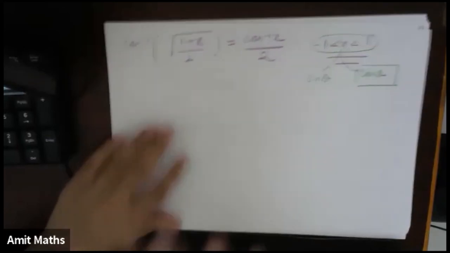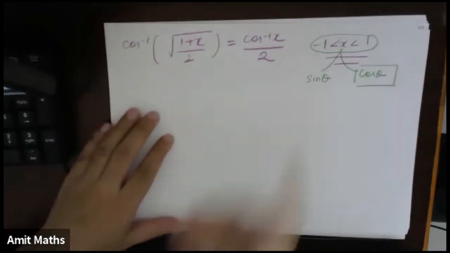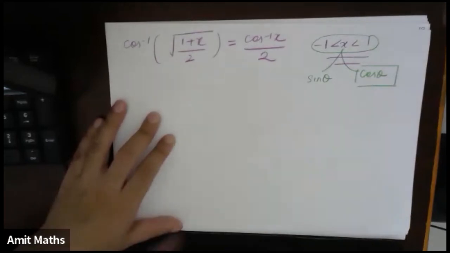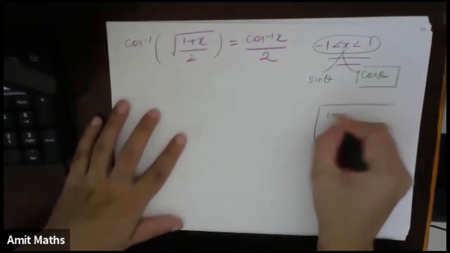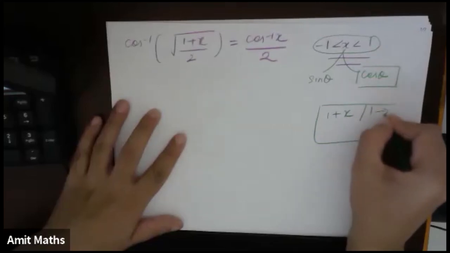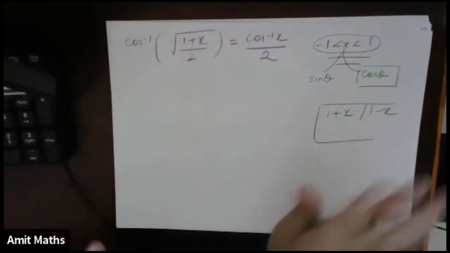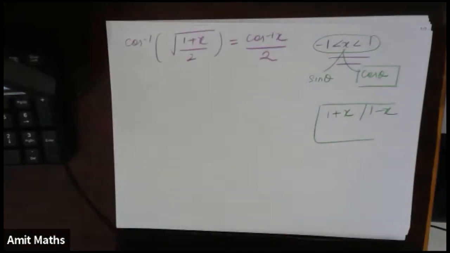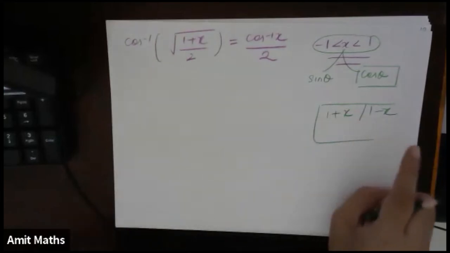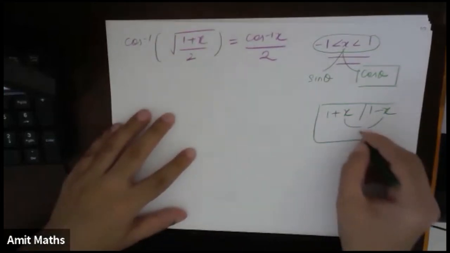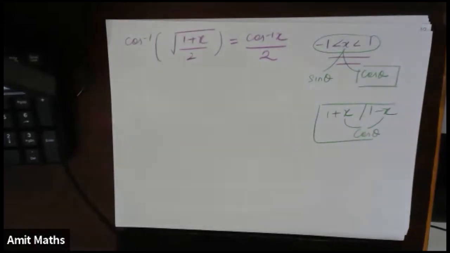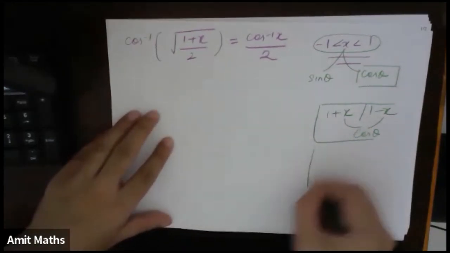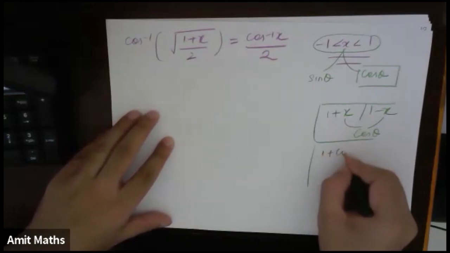Wherever in trigonometry you have to substitute something, in 99% of the cases, if you have 1 plus x or 1 minus x, generally x will be substituted as cos theta, and then this cos theta will be broken down into its half angle formula. Why? 1 plus x is 1 plus cos theta.